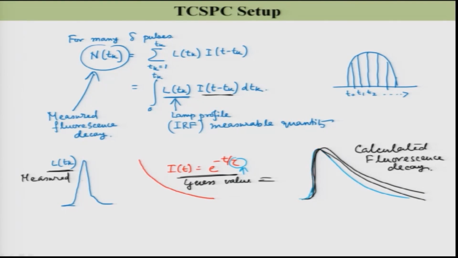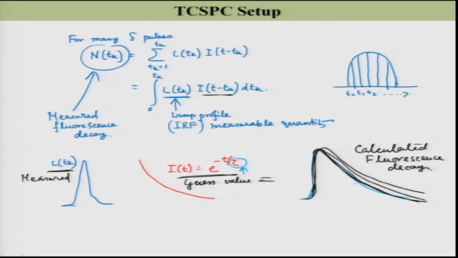So, you again change, and after some time, for one value of this tau, this will be similar to the measured value, that is called the least square fitting method, and you will get the lifetime of your sample. So, this way we are going to measure the lifetime in the TCSPC system, and this process is called the iterative reconvolution technique.